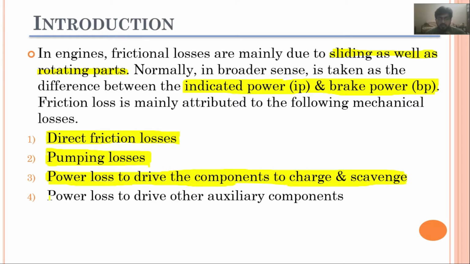In the last, we may have some auxiliary equipment in which we may have some power losses. Your lubrication system must provide lubrication in all of these parts to overcome the frictional losses. This is basically regarding where the frictional losses in your IC engine may occur.